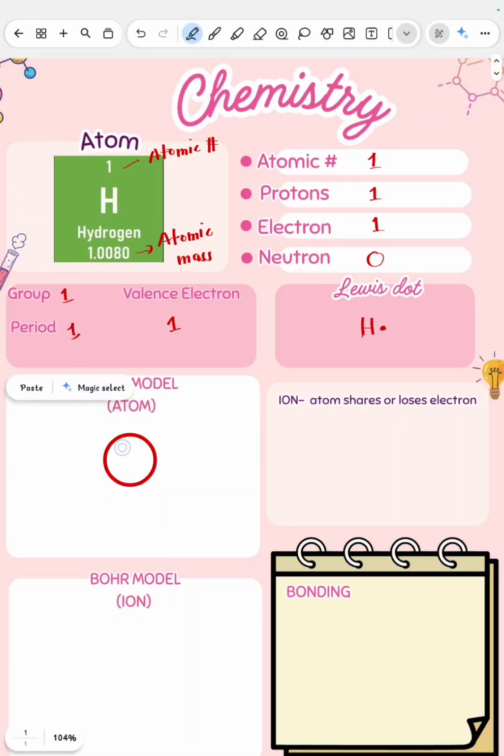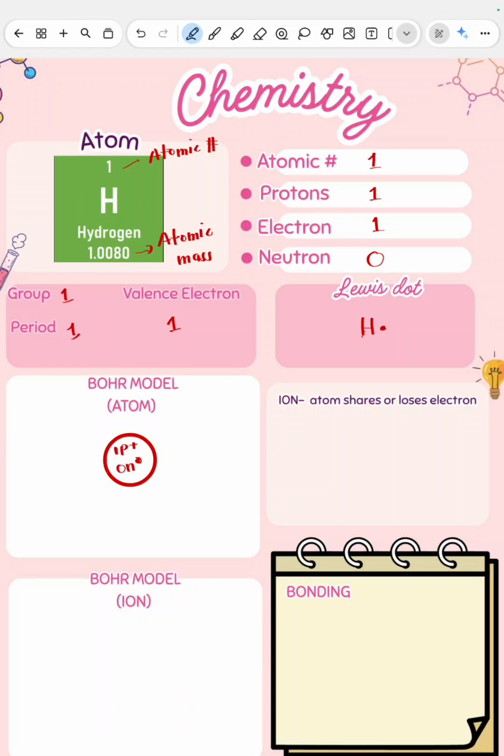Proton is 1, so let's just write down P plus, which represents the proton, and then the number, which is 1. Next is the neutron. This will represent the number of neutrons. And since neutron is 0, let's just write down 0 here.